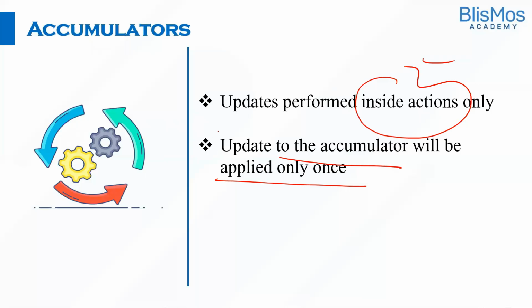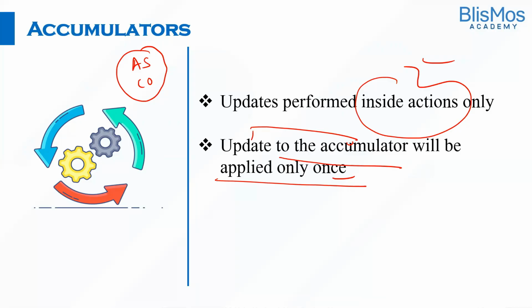This goes back to our associative and commutative property, because accumulator variables are added only once. Spark is guaranteeing that the update to the accumulator will be applied only once.